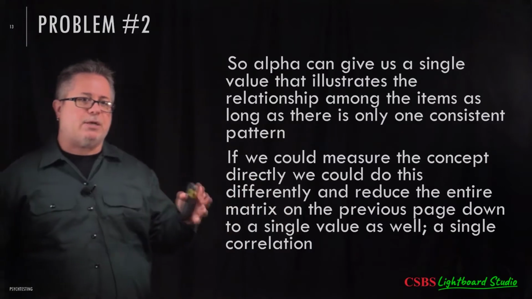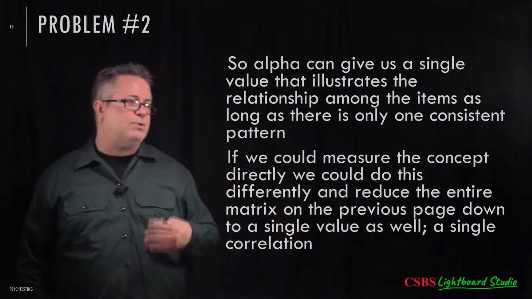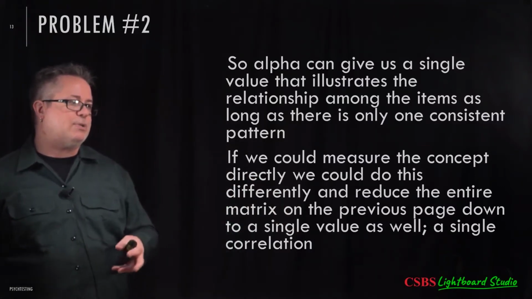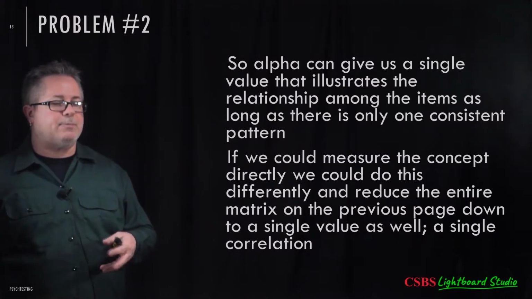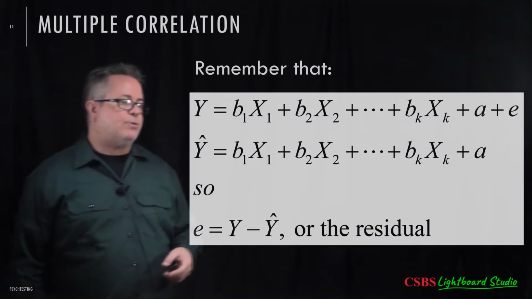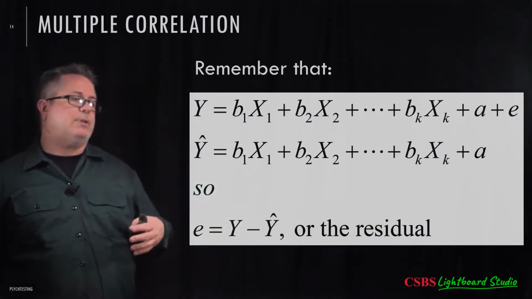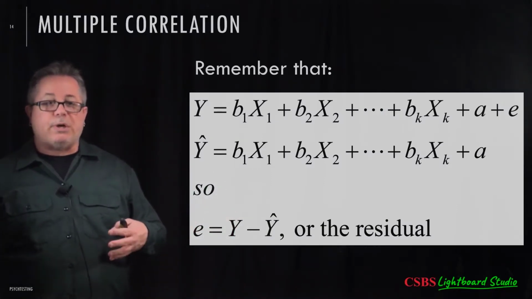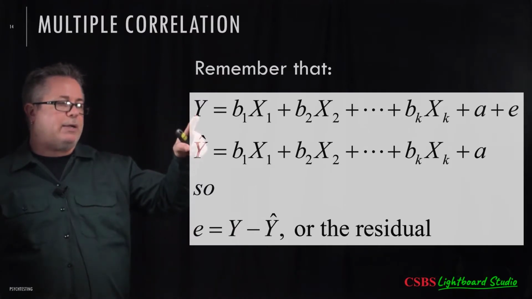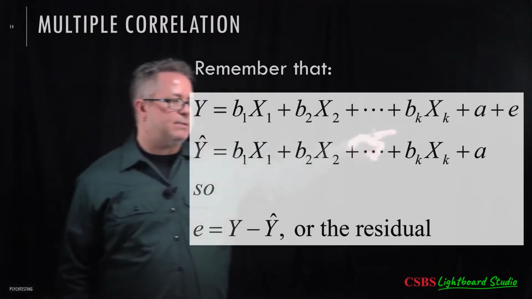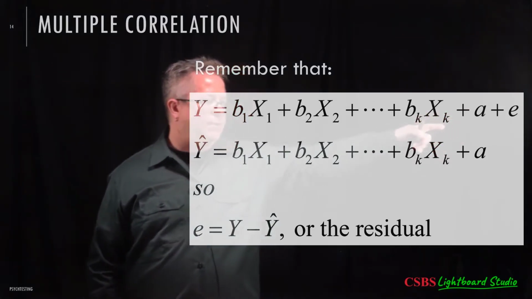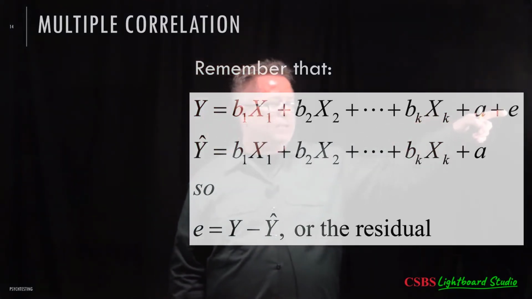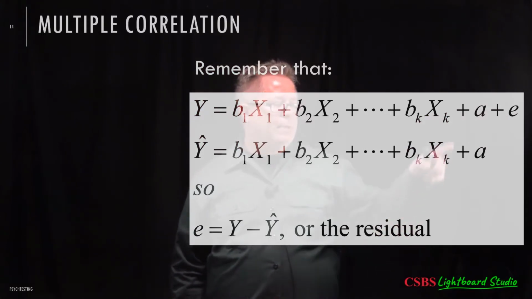If we can measure the concept directly, we could do this differently, reducing the entire matrix on our previous page down to a single value as well, if we wanted to look at something like a multiple correlation. So remembering with regression, if we have a single outcome y, we can predict it with a number of x's, and then we'd have an intercept, some error, which is just the difference between the actual value and the predicted value, and lots of slopes.